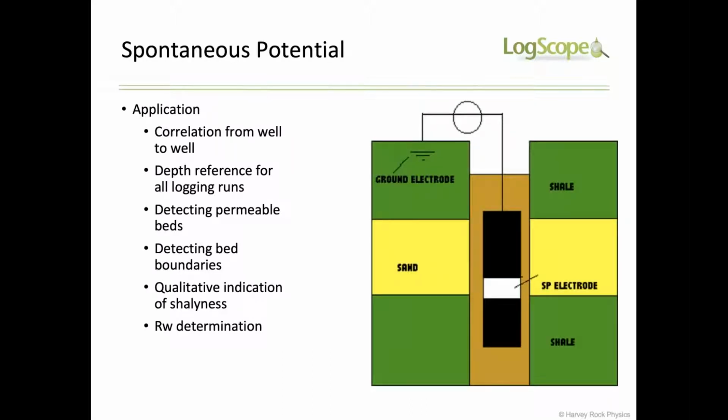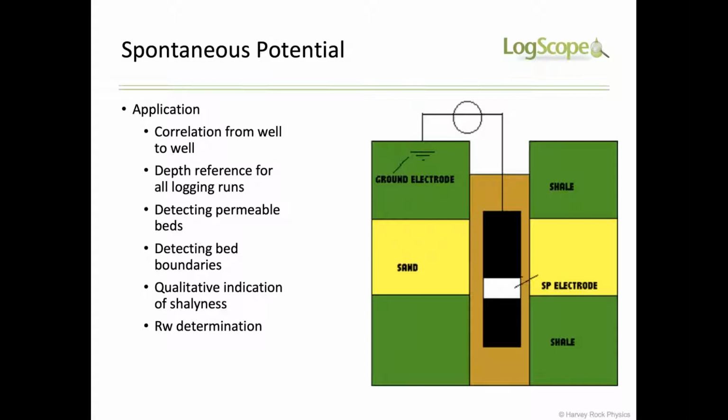in this webinar. The spontaneous potential is a tool that's not used conventionally much, but it is an extremely useful tool because it does allow you to identify the salinity within particular formations. It can also be used as an indicator of shaliness or clay quantity.